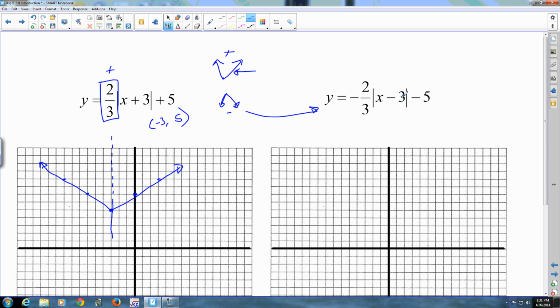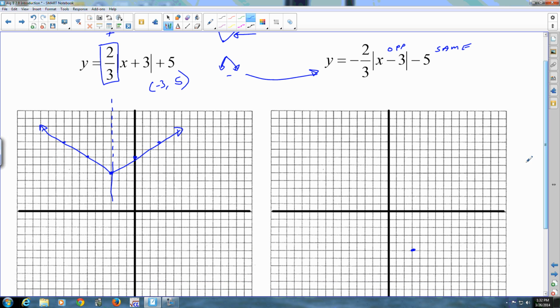All right. So this one starts at 3, negative 5. This one's read opposite. Remember, this one's read the same. So 3, 1, 2, 3, 1, 2, 3, 4, 5. Looks like I got to scroll the graph. And because this number is negative, I'm going to go down 2 right 3 because the graph is opening down.